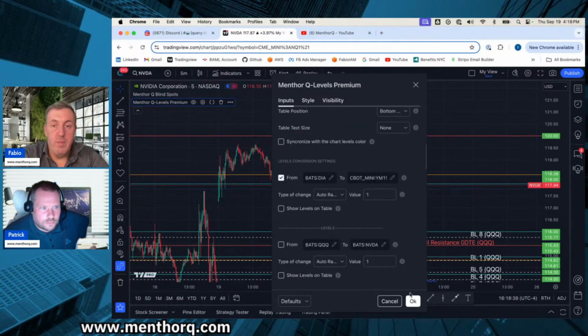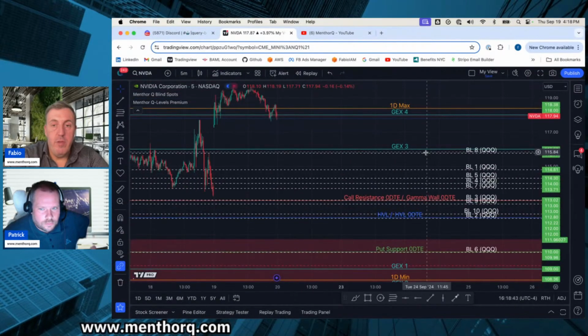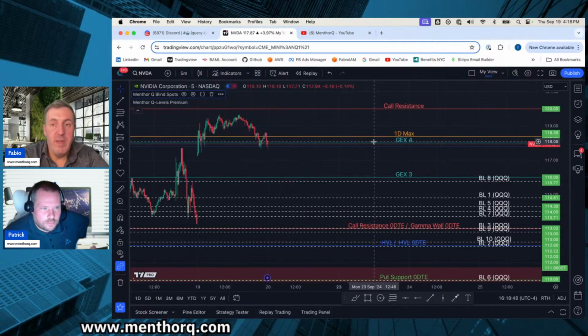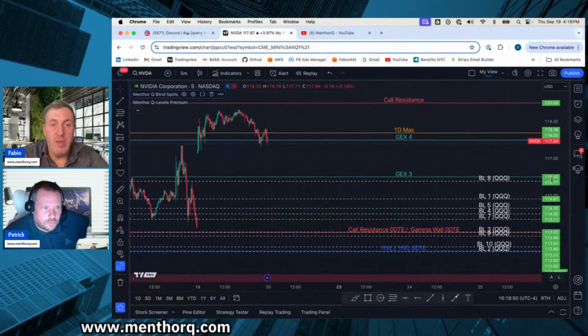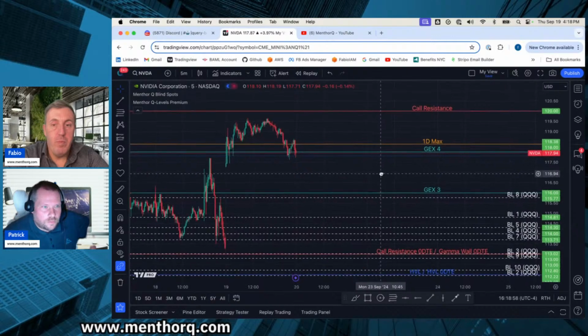Just take this out. And now we have our blind spots here coming from QQQ. So obviously we saw a massive pop on NVIDIA. The blind spots are here, but the same blind spot 8 that you saw on QQQ is now available for you on the NVIDIA chart.